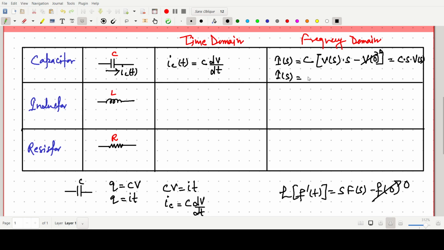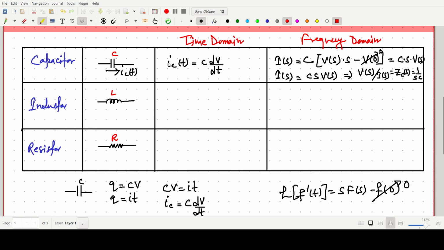Then if we find V(s) upon I(s), it is nothing but simply the impedance function for the capacitor, as a function of s, which is 1 by sC. Is it okay?